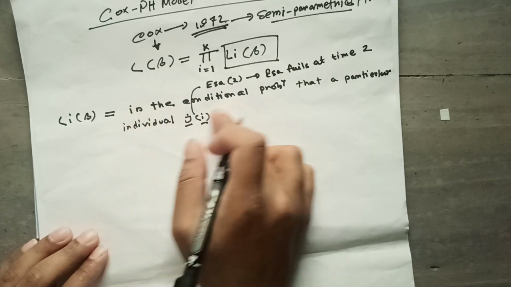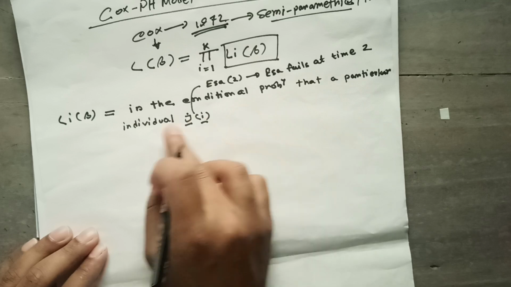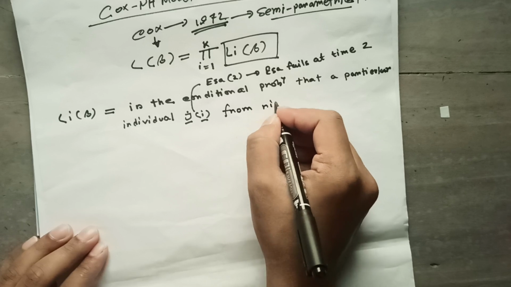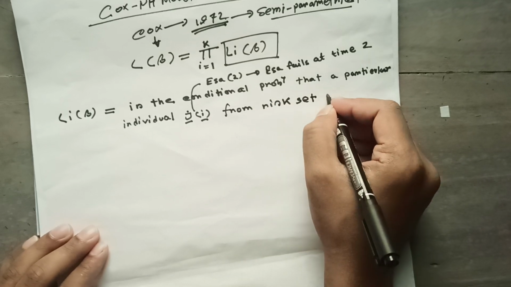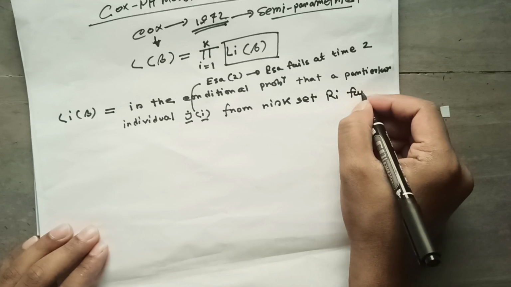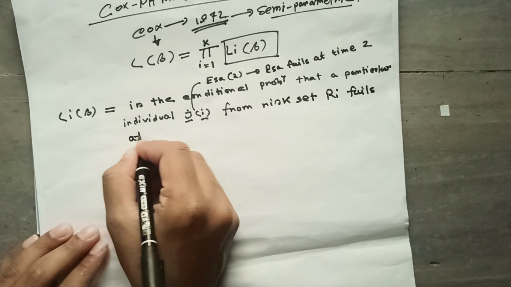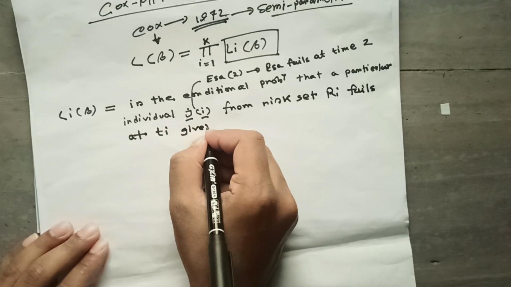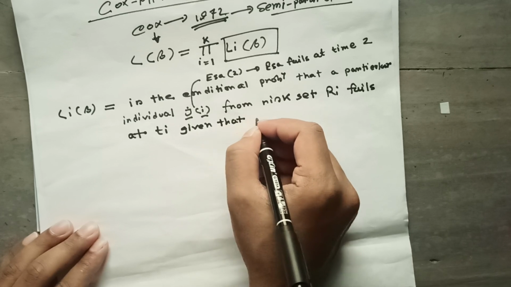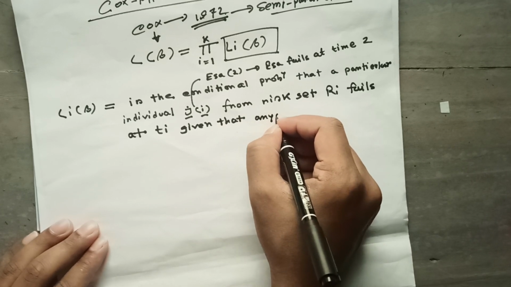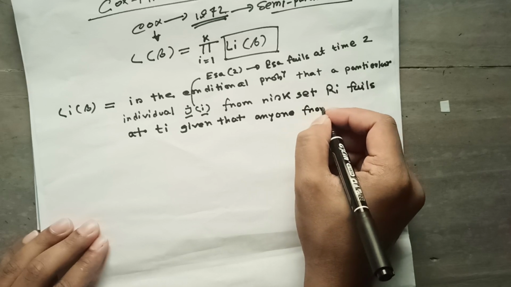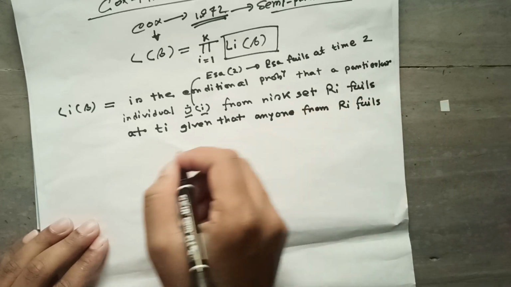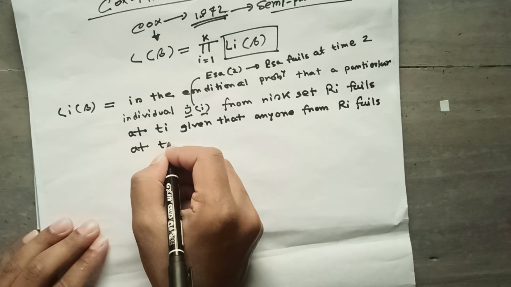Let me first complete this one. Li of beta is the conditional probability that a particular individual Ji from risk set Ri fails at Ti, given that any one from Ri fails at Ti.